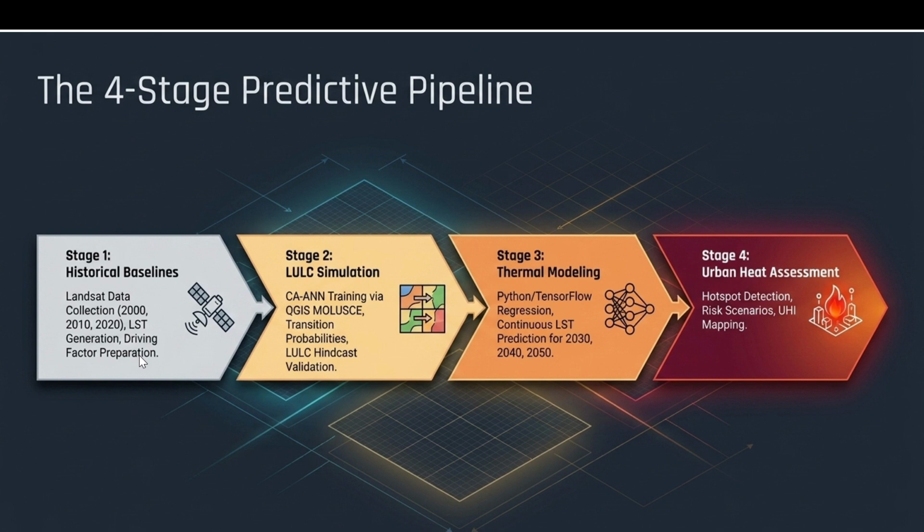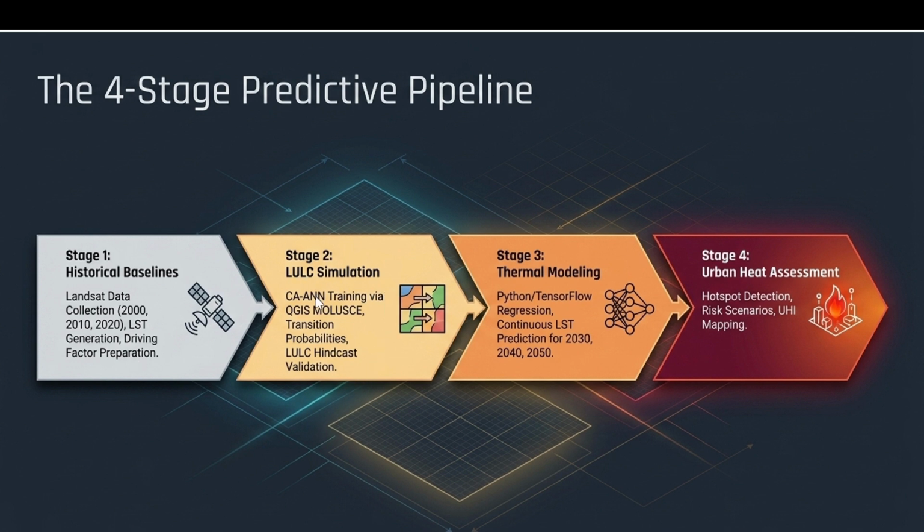Different types of driving factors we need to prepare, suppose distance to road, distance to river, population density. A lot of factors we need to add when you predict.